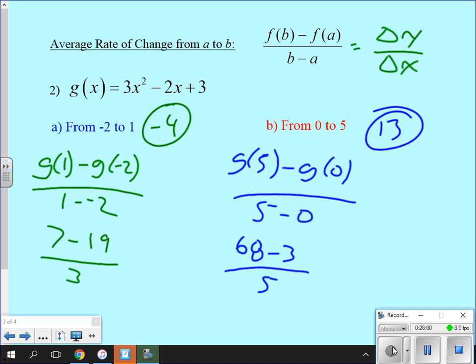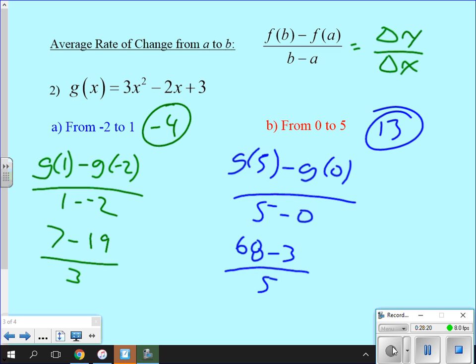Yes, sir. Didn't you do it backwards, putting 5 first and then 0? No, I did B minus A. If this is B, I did B minus A, right? Oh, yeah.